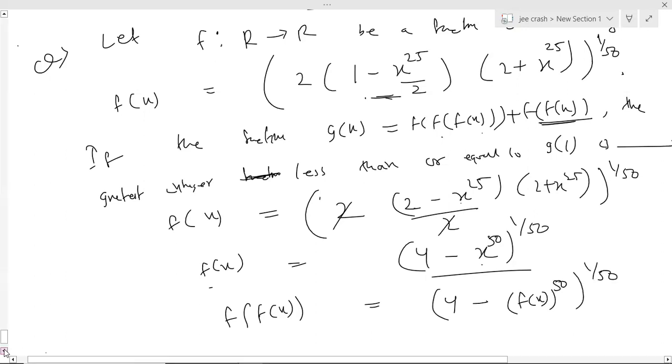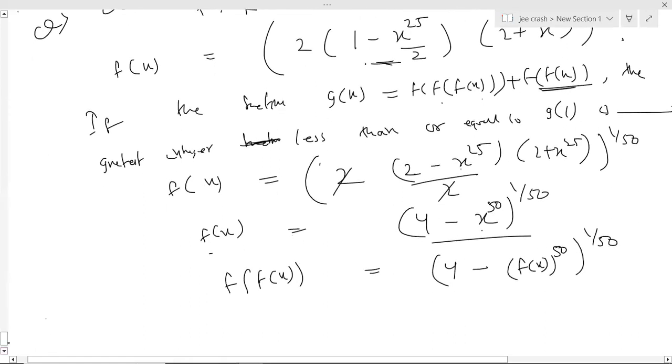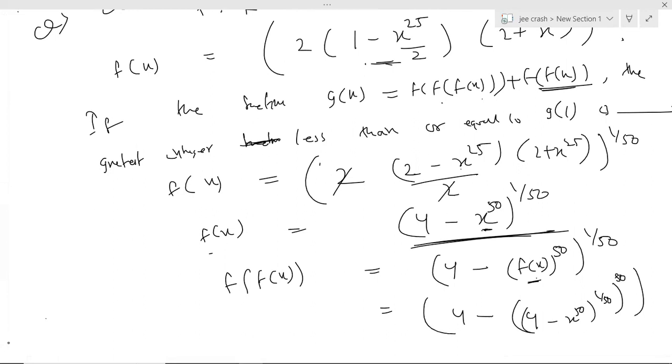We are going to write one intermediate step here just to be clear. Instead of x we are putting f of x. 4 minus, what was f of x? This whole thing is f of x. So 4 minus x to the power 50 whole to the power 1 upon 50, to the power 50, and this whole to the power 1 upon 50. Is it clear?